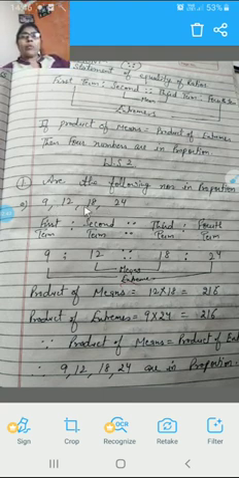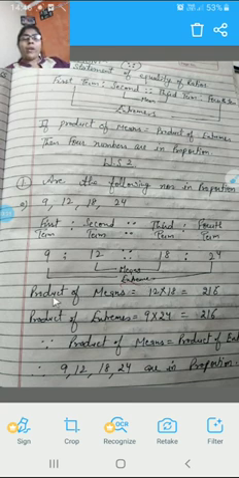So 9, 12, 18, 24. We have written first term 9, second term 12, third term 18, fourth term 24. Now we mark which terms are said to be mean: 12 and 18, and 9 and 24 are said to be extreme.